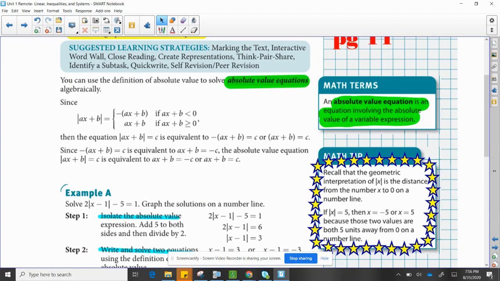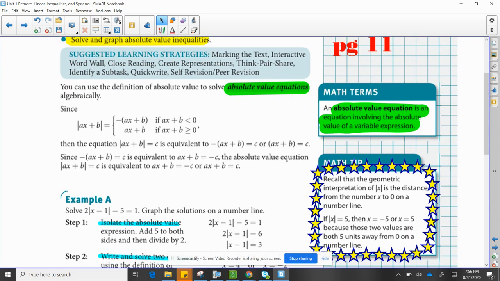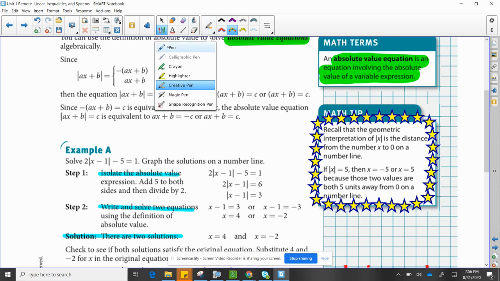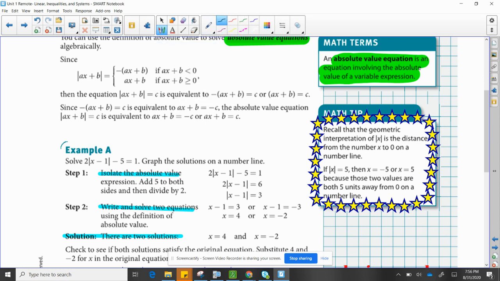So if you remember from a different grade, maybe middle school math or Algebra 1, if you take the absolute value of something, I'm just going to make up an example here really quick. If I take the absolute value of, say, -5, the distance between 0 and -5 on a number line is 5 spots.